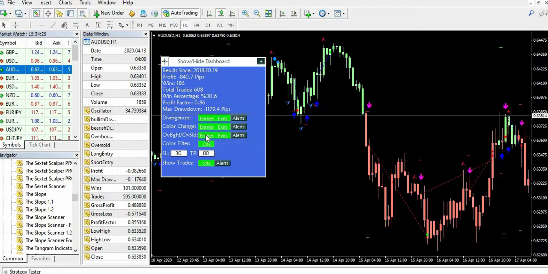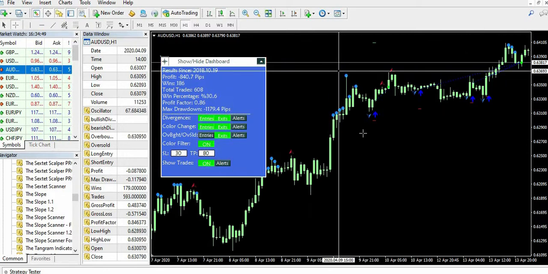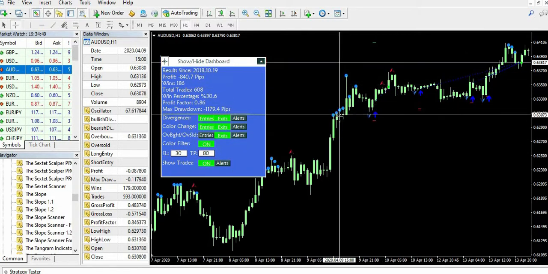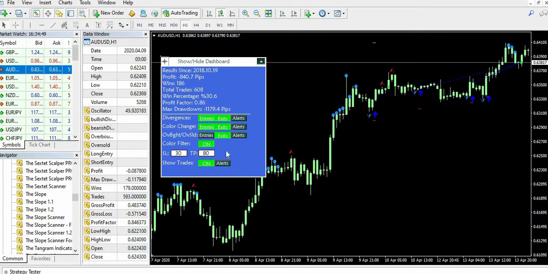Okay, let's try which entries are the best. So let's remove the oversold overbought. Okay, so apparently we're not getting so much because when we have color filter on and overbought oversold, it's very rare that we get a signal because mostly overbought areas happen in an uptrend, and then with the color filter on, we won't get a sell signal.